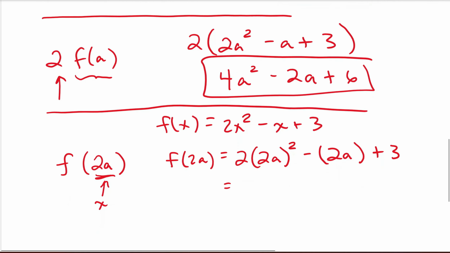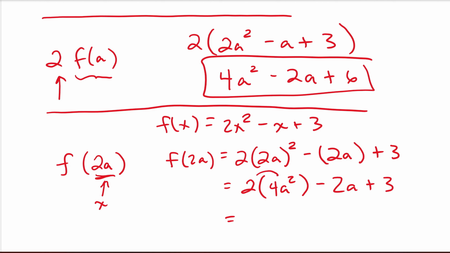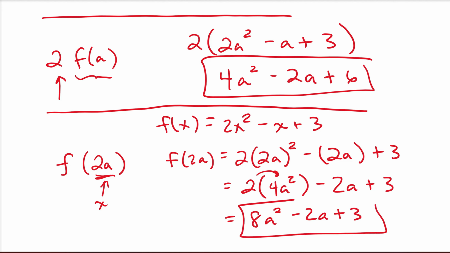So here you just have to go ahead and use the exponents first. So that'll be 2 times 4a squared, minus 2a plus 3. And now distribute the 2 times the 4a squared. That'll be 8a squared minus 2a plus 3. All right, and that's what we have there.